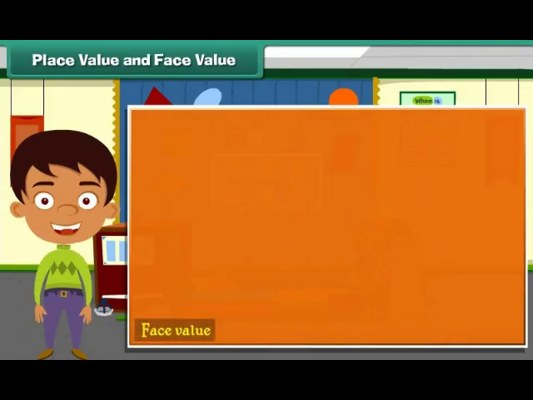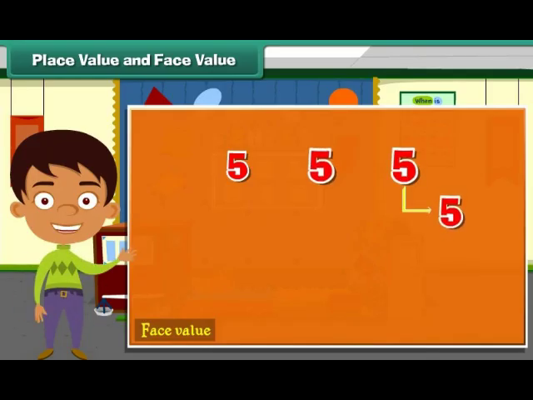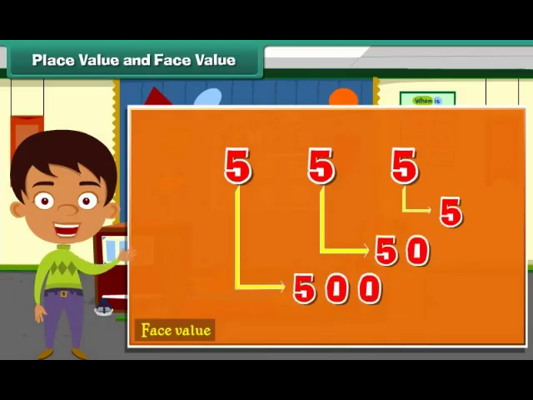Face value of a digit is the digit itself. The face value of the digit 5 in number 555 is 5 at each place, but the place value of 5 is different at each place. Moving from left to right, the values of the three fives in 555 are 500, 50 and 5.